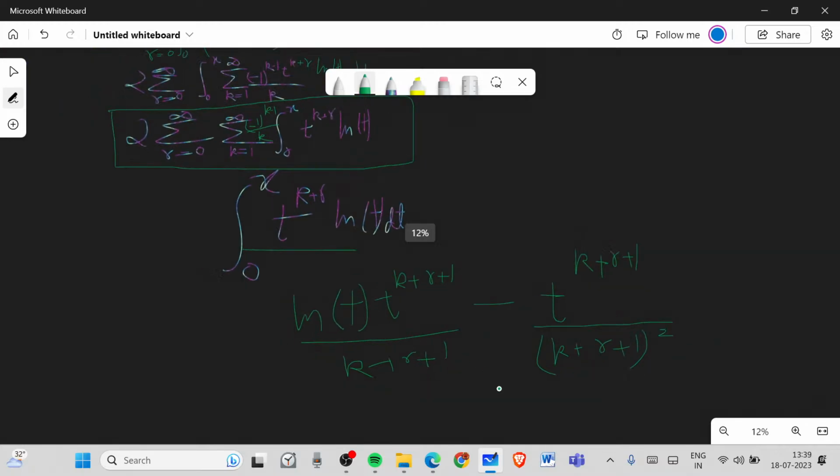I hope you get it. How did we write this? First of all, we integrated it, we get this thing, this left, then we differentiated it, we get 1 by t, this gets cancelled, we again integrated it from 0 to x, and of course it's x. Now t is gone, it's x.